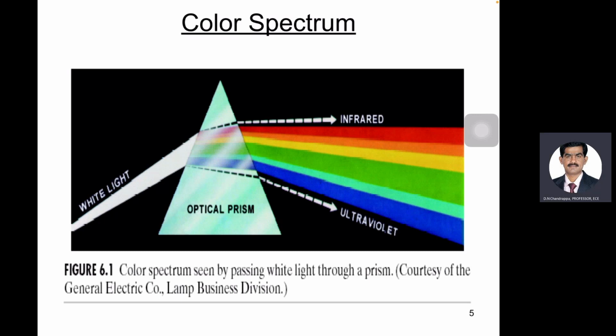Now we can consider the same concept: the electromagnetic spectrum with infrared and UV light, with their specific wavelengths represented in nanometers.